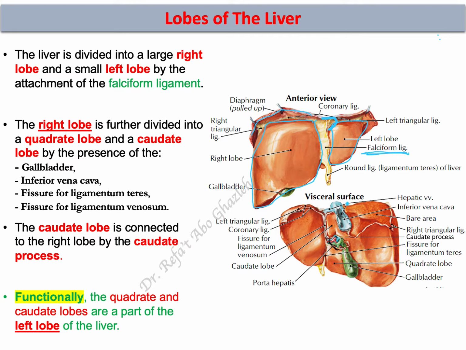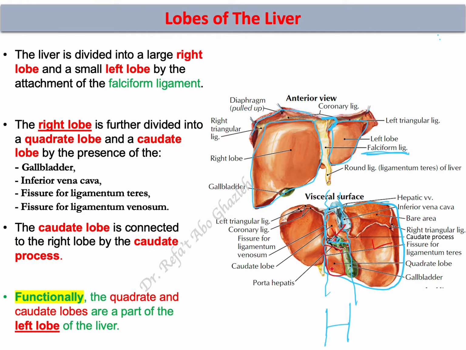And if you look at the visceral surface also, the right lobe, I'm still talking anatomically, is also subdivided by reflection of peritoneum and fissures and grooves for other structures, forming an H shape. This is the left fissure and right fissure that pass through the groove for the inferior vena cava and the fossa for the gallbladder, and the porta hepatis in the middle, creating the H shape. So by this H shape, the right lobe is further subdivided into the right lobe and the caudate lobe posteriorly and the quadrate lobe anteriorly.